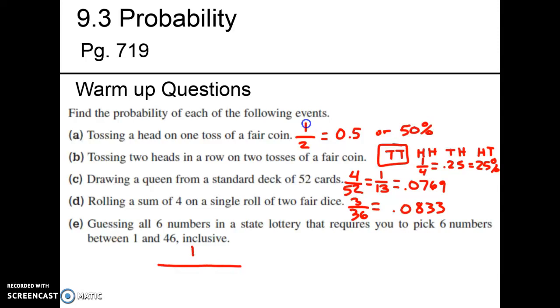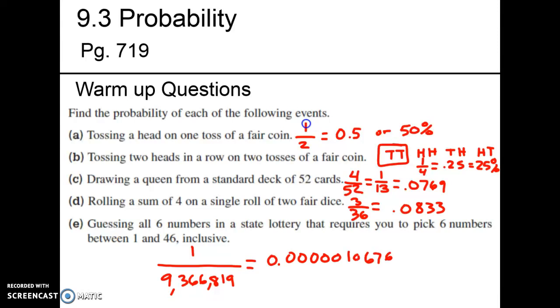So you get one way of choosing all 6 out of the 9,366,819, and that would be 0.000000106766.